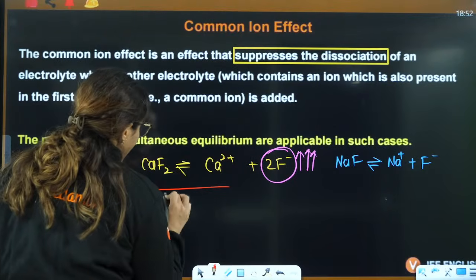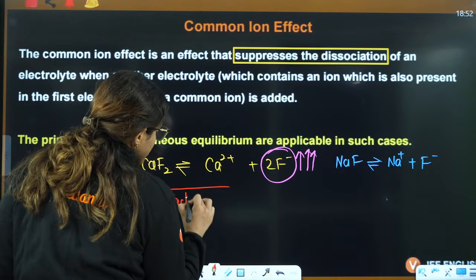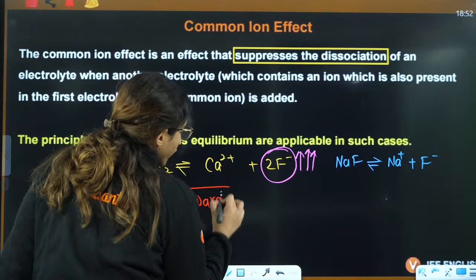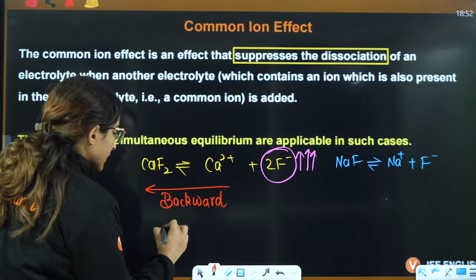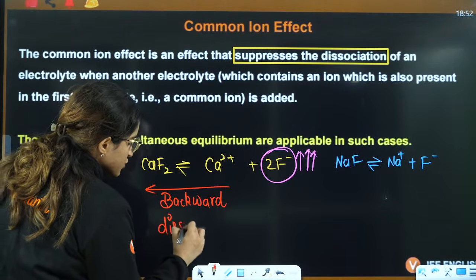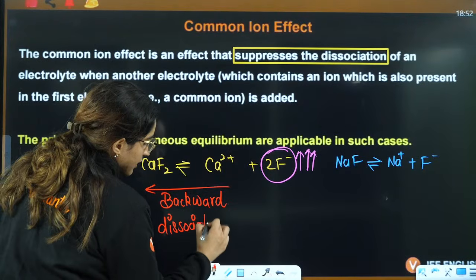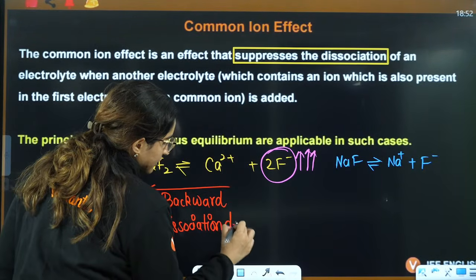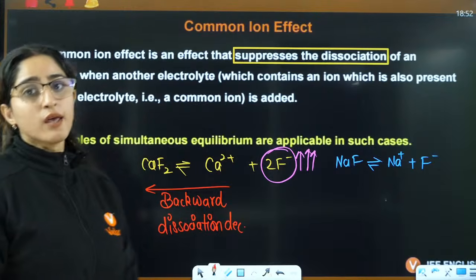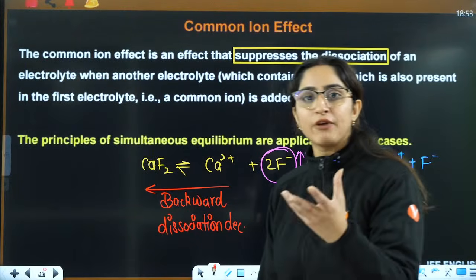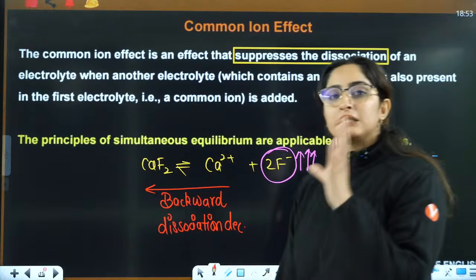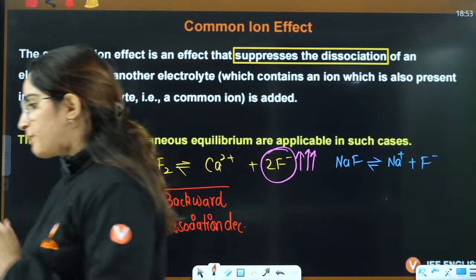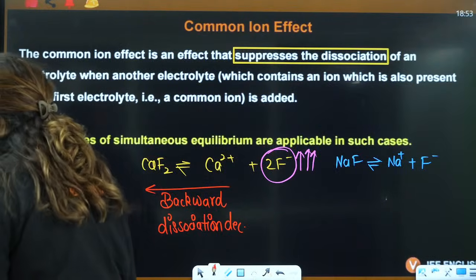That is why the reaction moves backward according to Le Chatelier's principle, and we can say dissociation decreases. Okay, that's how common ion effect is going to suppress the dissociation of the previous electrolyte, right?